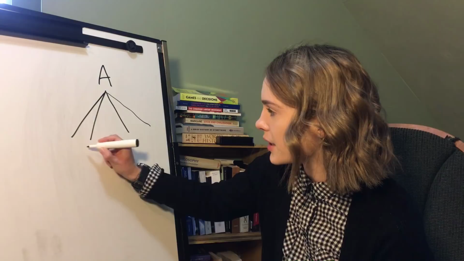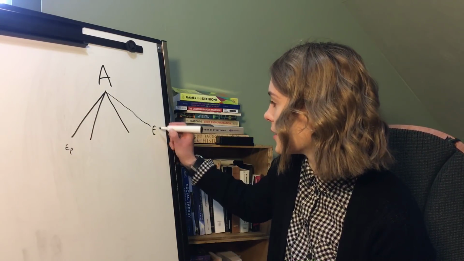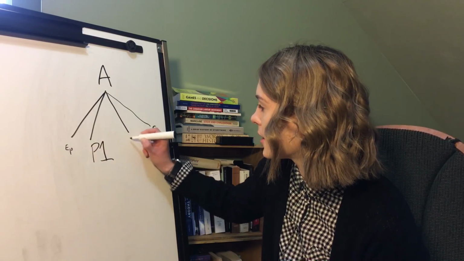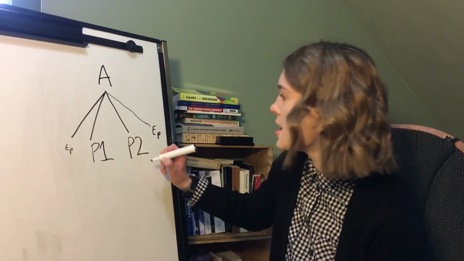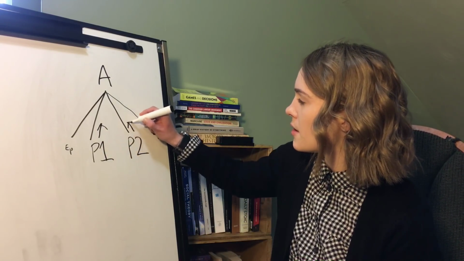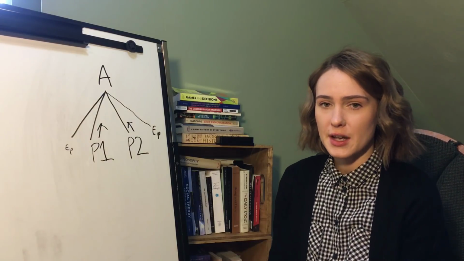So we'll say we have an extraneous player here that eventually weeds themselves out, and then we have prime player 1 here, prime player 2 here. What happens is each of these players makes a bet to the auctioneer for whatever the auctioneer is selling, right?